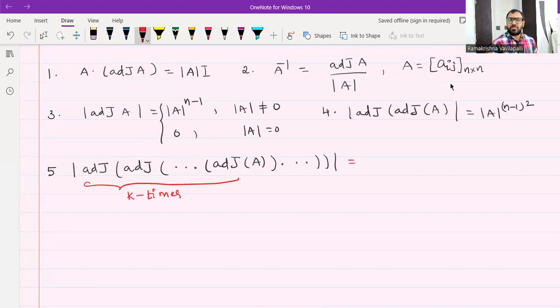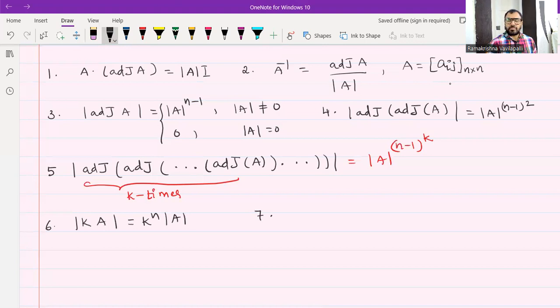So this is equal to |A| power n minus 1 whole to the power of K. This is very, very important. And determinant of KA equals K power n into |A|, you remember.